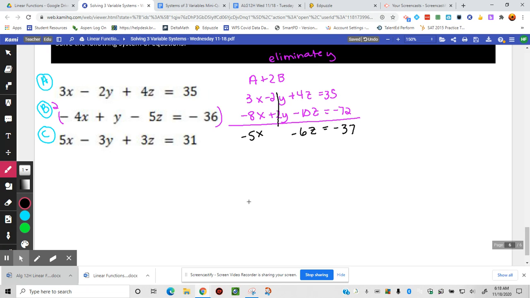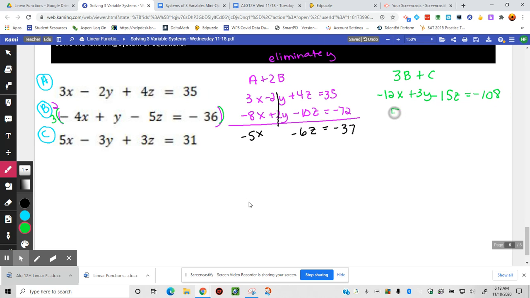Now I'm going to work with b and c and I'm going to still eliminate y. So I need to do 3 times b, c. So now I'm multiplying everything here by 3 instead. So I get negative 12x plus 3y minus 15z equals negative 108.